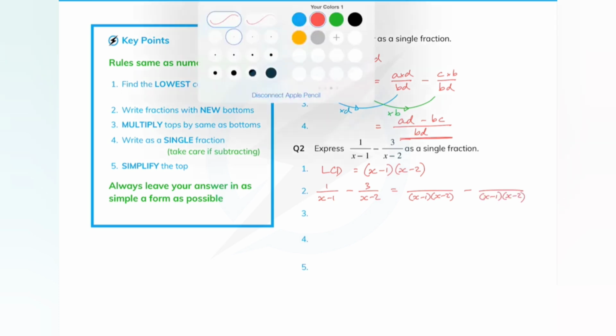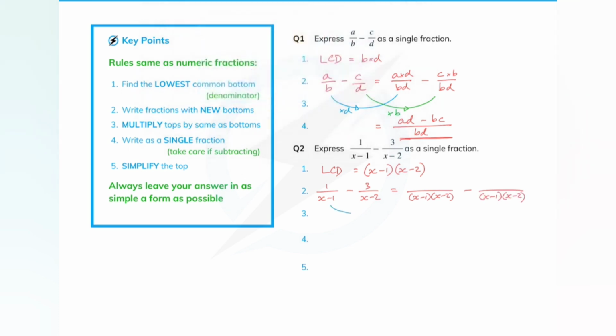Now what are those two somethings? Well, what have I multiplied x minus 1 by to get that denominator, x minus 1, x minus 2? Well, I've clearly multiplied it by x minus 2, haven't I? And so I multiply the top by x minus 2 as well, so 1 times x minus 2.